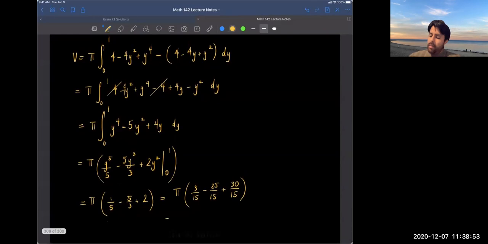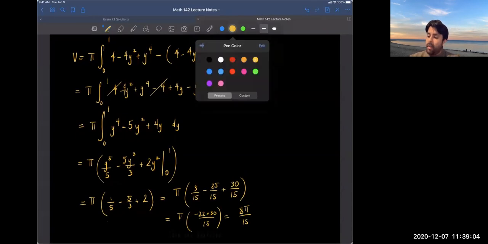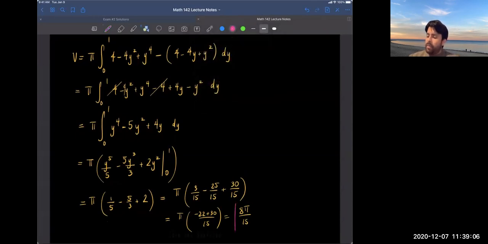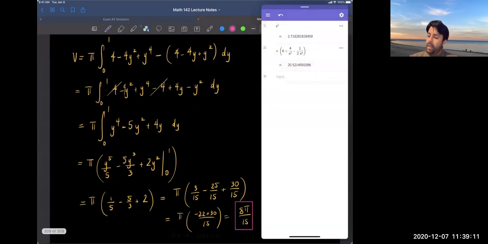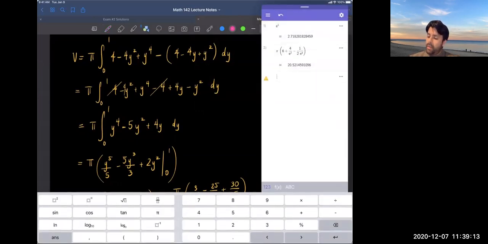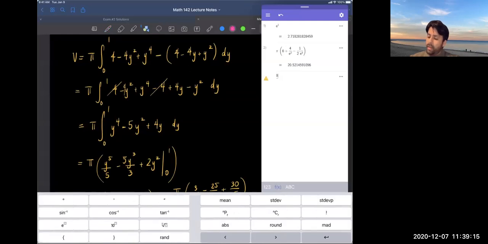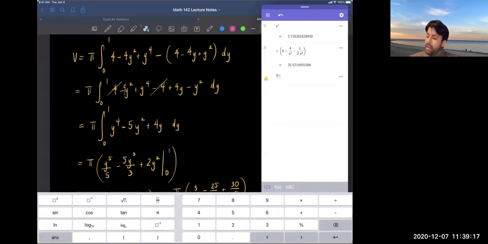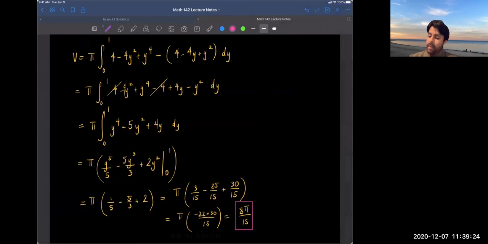And then this becomes pi times negative 22 plus 30 over 15, which is 8 pi over 15. Okay. And then let's just make sure everything's okay. This becomes 8 pi, and this is 15. So it's 1.675.